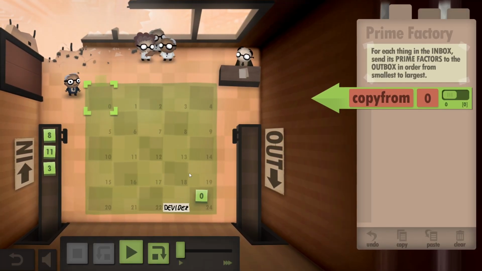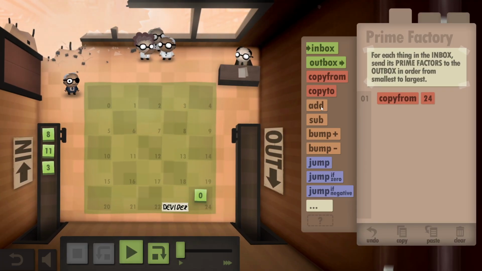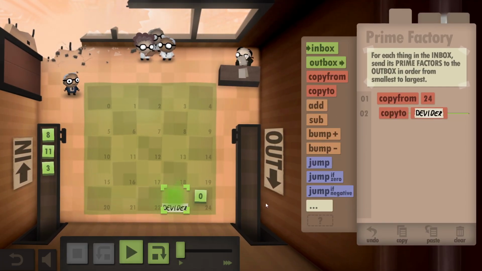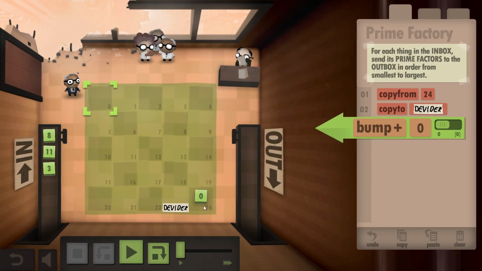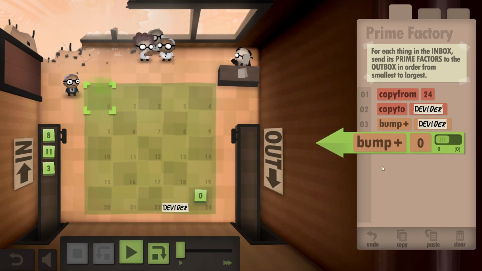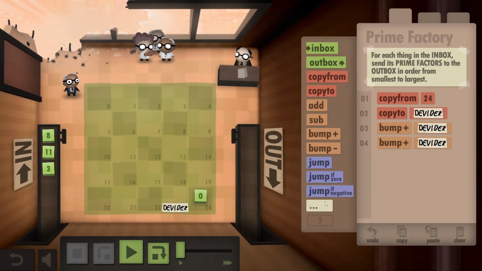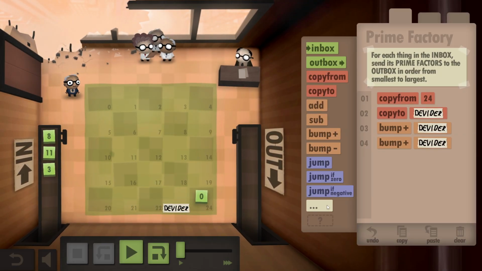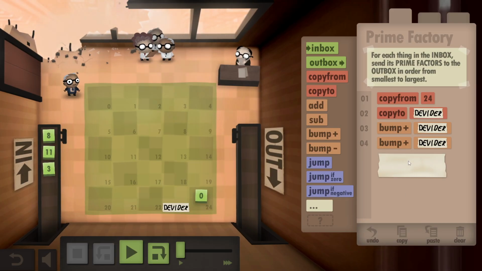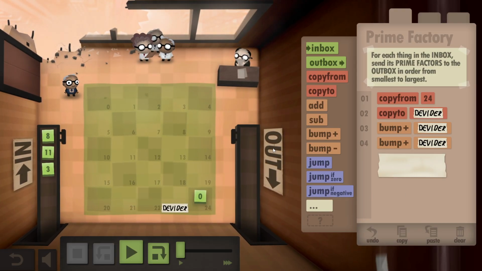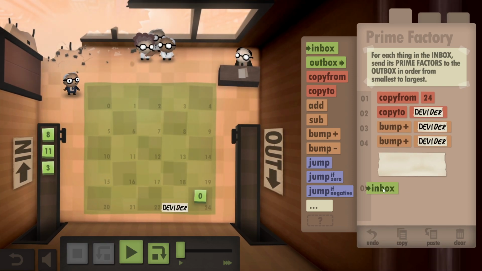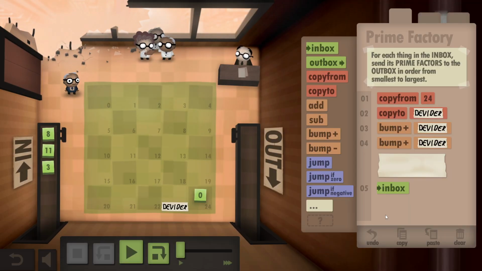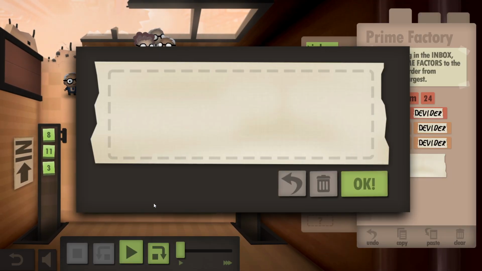So we do copy from 0, copy to divider, bump divider, oops, bump divider. And that's our default. Because the 2 is the lowest prime, right? And then we need to inbox and place it to temp.